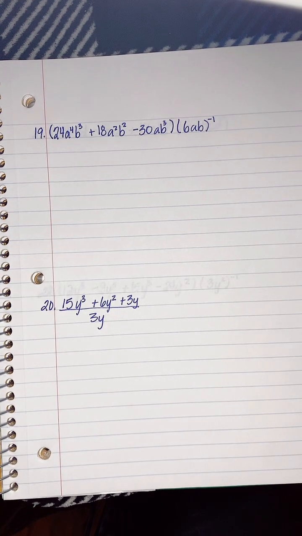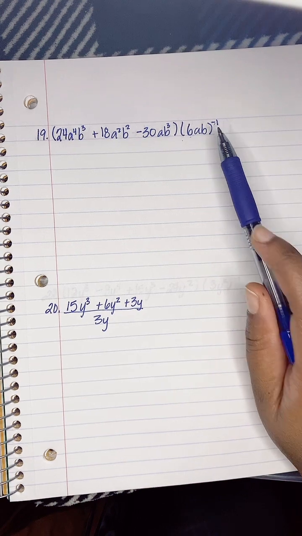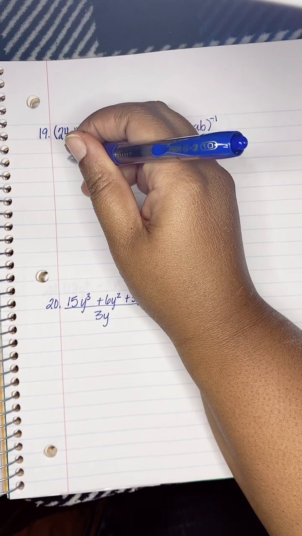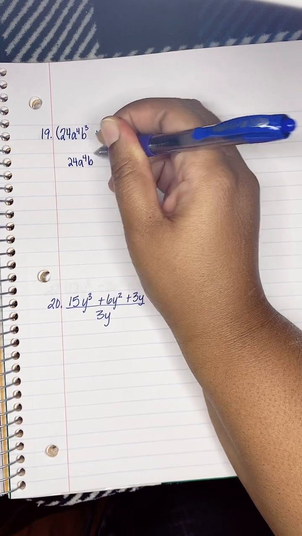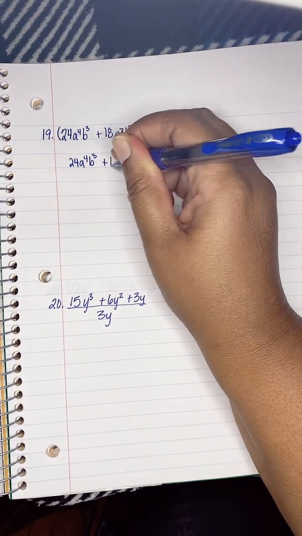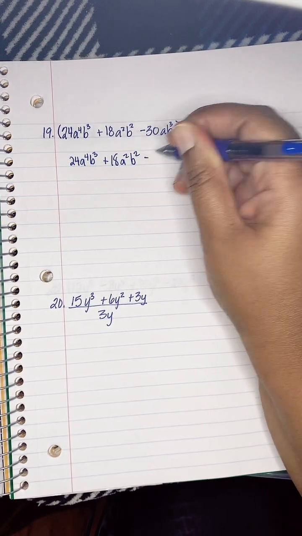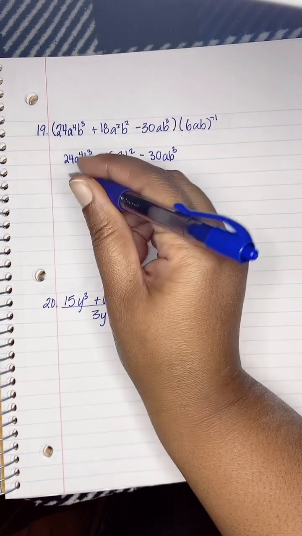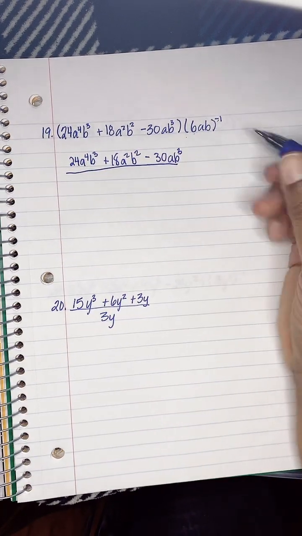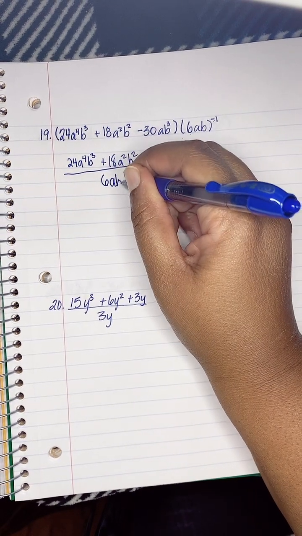Okay. So what we're doing here, you see this -1? How this could be written as is 24 a to the 4th, b to the 3rd, plus 18 a to the 2nd, b to the 2nd, minus 30. We're just copying it down, but it's all over this 6ab.